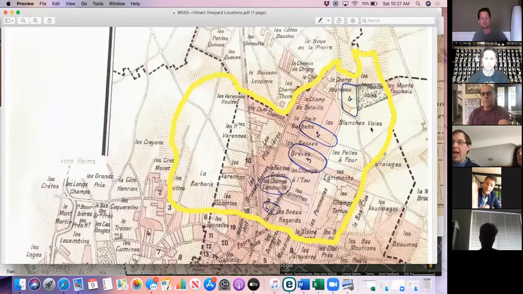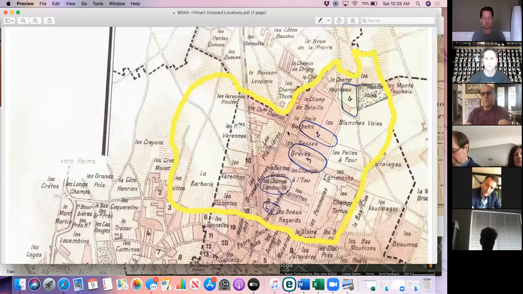We are so lucky because we have 50% of our vineyard on the south exposition with very chalky soil: you have pure chalk just 30 centimeters down. This place is called Les Blanchevoies, like a white way, which means the soil is really rich in chalk.